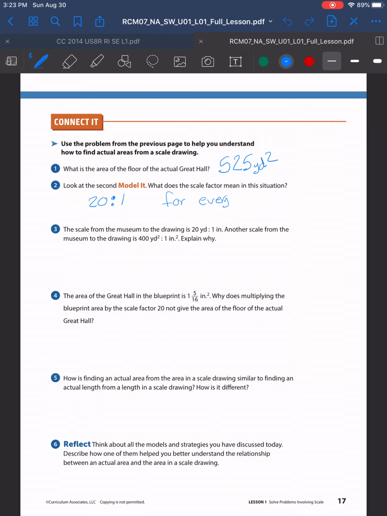I'm going to rewrite that correctly because it looks silly. For every 20 yards in real life, you would draw that 1 inch on a blueprint.